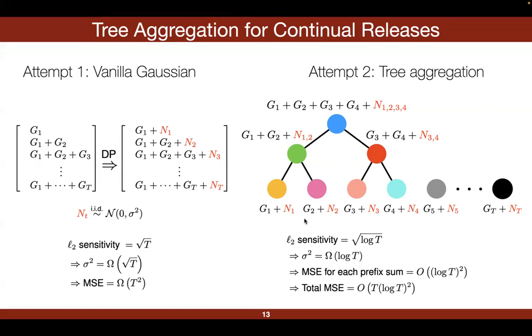I also have a question over here. Maybe I misunderstood something. For the vanilla Gaussian, why in the second step are we trying to release G1 plus G2? The first step we already add noise, right? Then why do we still release the raw gradient over here? You mean this statement? Yes.